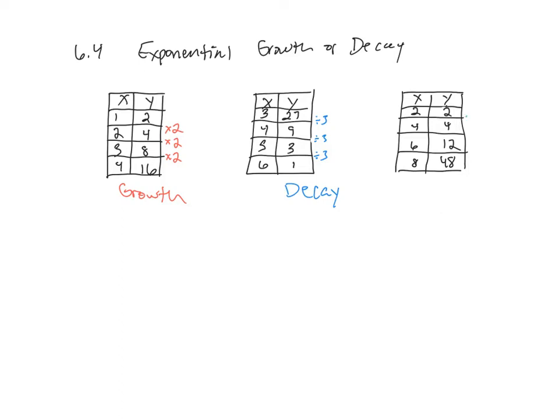But if you notice, this one is 2 times 2 is 4, but then this is 4 times 3, and this is 12 times 4. Okay, like there's a pattern to it, but it's not the same. So that's not growth or decay. It's none or it's neither. Okay, so you have a few problems to look at for that.